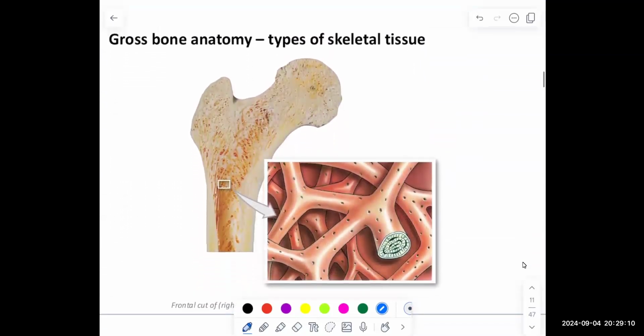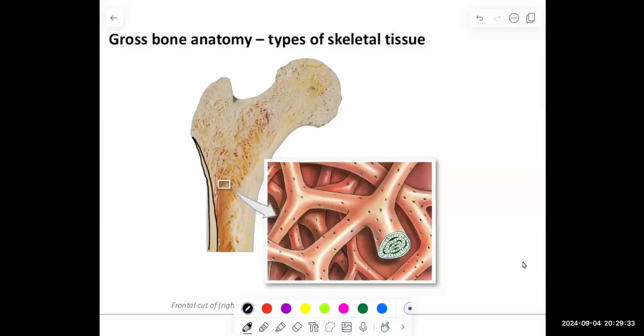All right. Many folks have this misconception that bone will either be made of compact bone or spongy bone, and that is not true. This femur is cut, and you can see where the bone is solid.